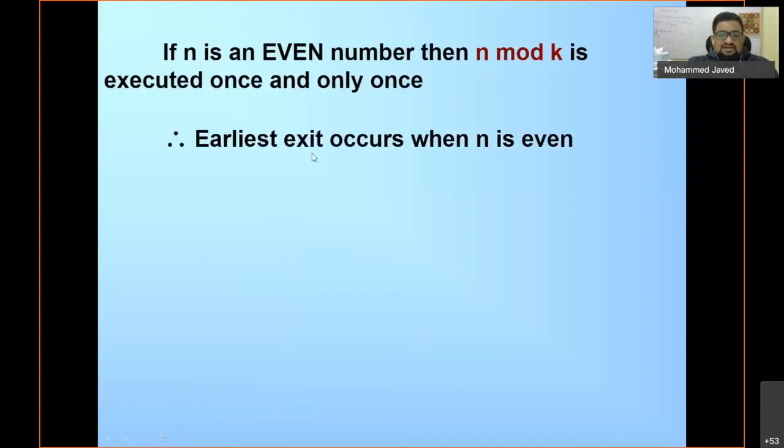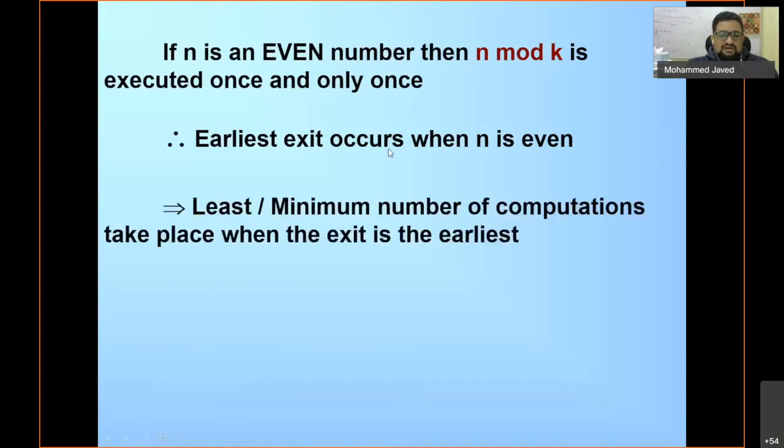So the earliest exit occurs when n is an even number. If the given positive integer is even, the earliest exit can be seen here, which implies the minimum number of computations takes place.